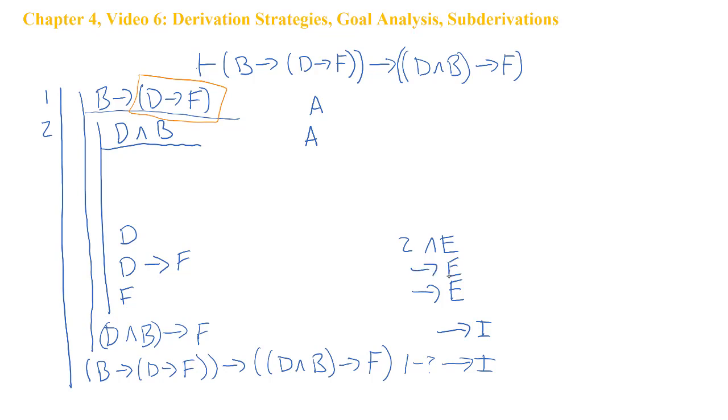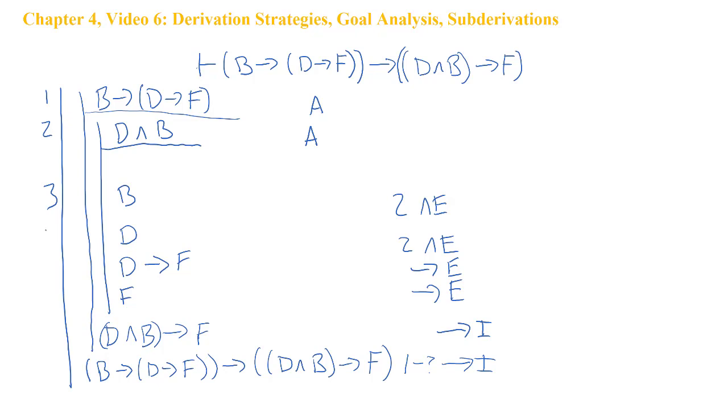So there are a lot of things in play right now, but the basic idea is we need to get that B, and we can by 2 conjunction elimination. And now I think we can just call that line 3, comes from 2 by conjunction elimination.